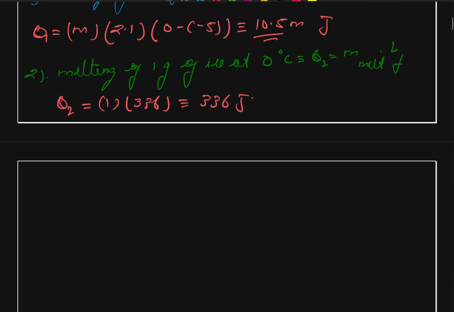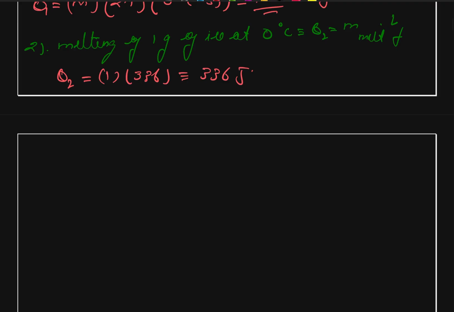Now we can easily apply energy conservation. The heat supplied, which is 420, will be equal to the total heat consumed, that is Q1 plus Q2.